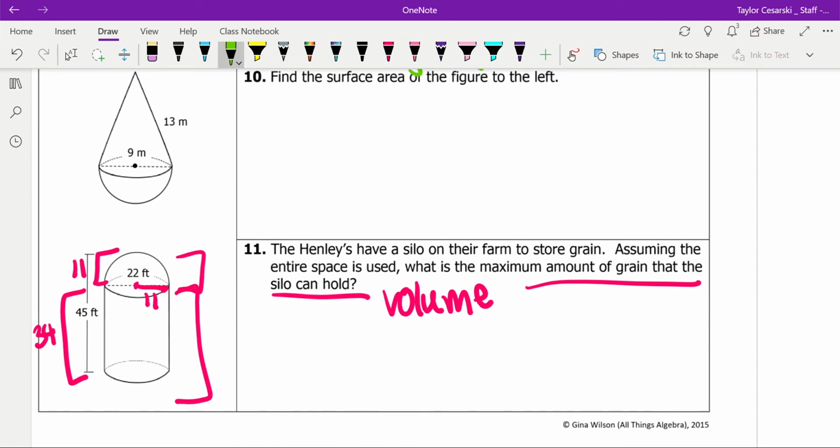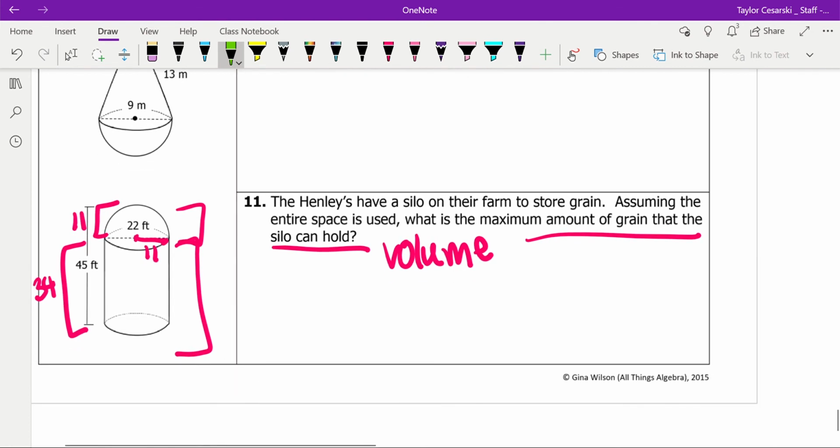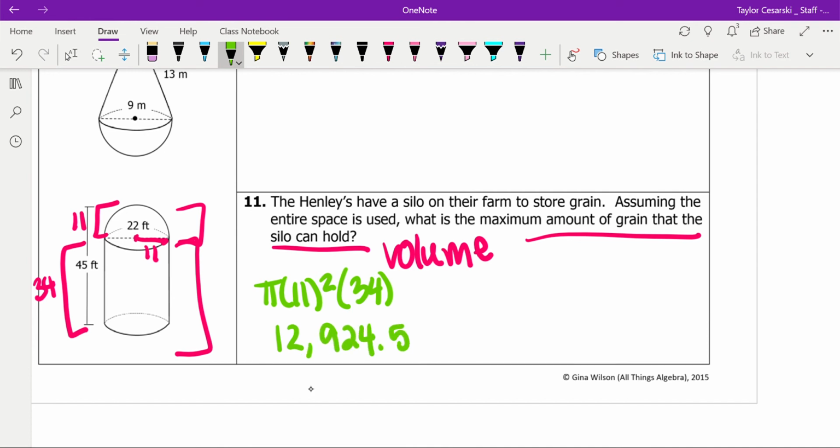To find the volume of a cylinder, it's the area of the base times the height. Your base here is a circle, so pi 11 squared times the height of 34. When you type that in your calculator, you get 12,924.51.